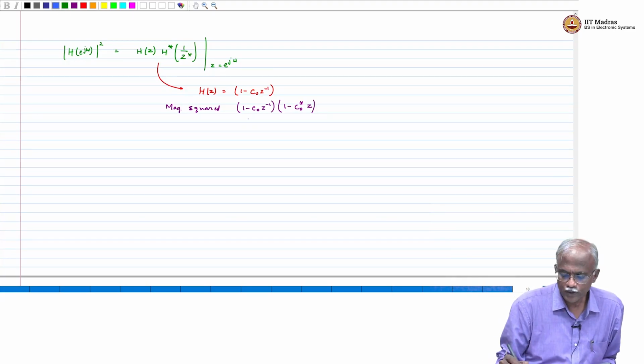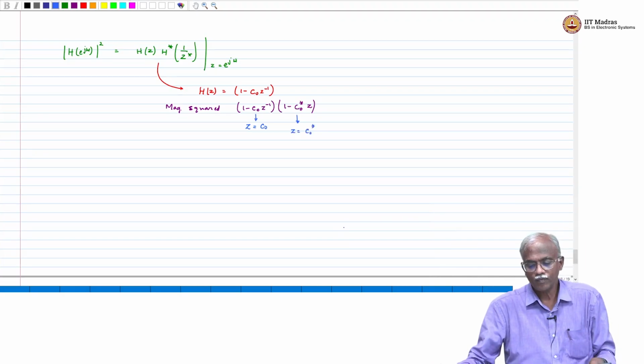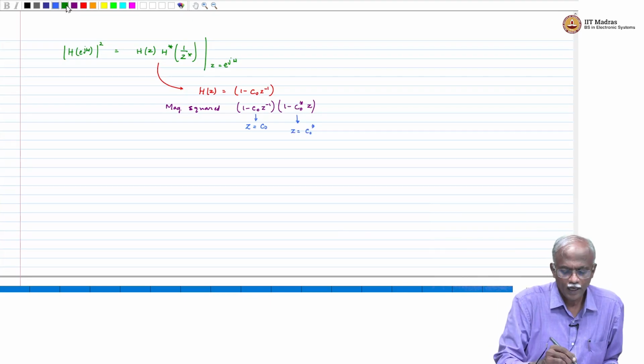Where are the zeros located? z is equal to c₀, and z is equal to 1/c₀*.